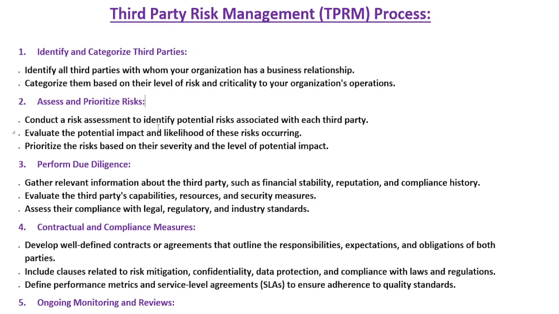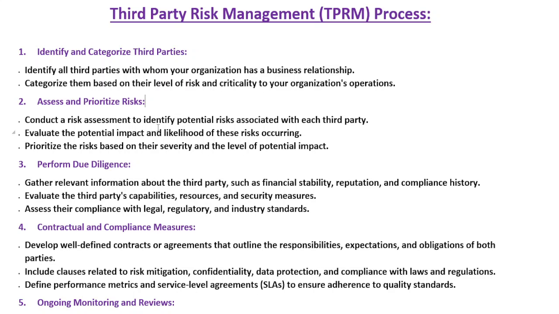If we talk about our example, in this step, ABC Corporation conducts a risk assessment and identifies potential risk associated with the call center provider, such as data breaches, service disruptions, and poor quality of customer interactions. They assess the impact and likelihood of each risk, and they also have to prioritize them based on their severity as well.